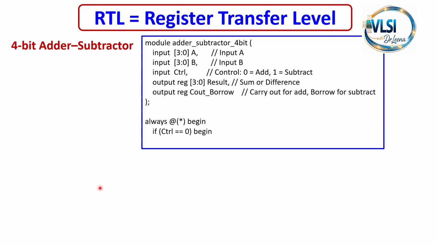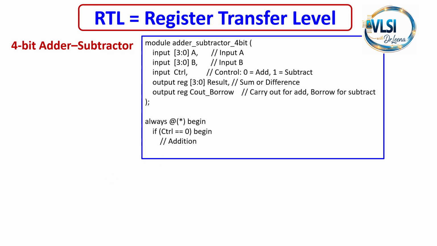That is, if control is equal to 0, begin. Here it checks the value of control. If control is equal to 0, the circuit performs addition. First thing is addition.